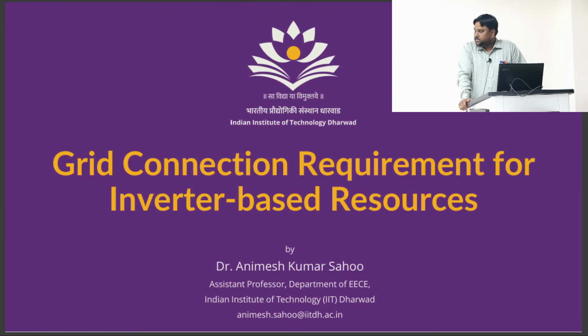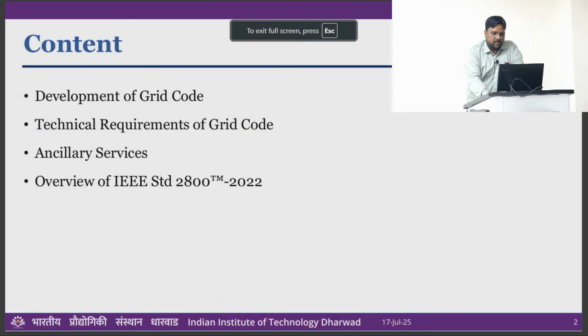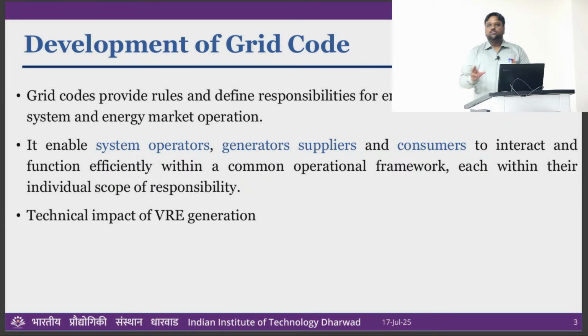Now, from our perspective, grid codes are required for inverter based resources, and those resources can be renewable, wind, and anything else. What I am going to show here is the development of grid codes and technical requirements, which I will go through very quickly. While preparing the grid codes, different stakeholders are involved. It is not only the grid people who decide in their own zone the set of rules all generating plants need to follow.